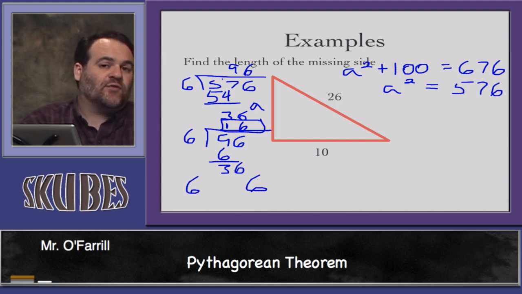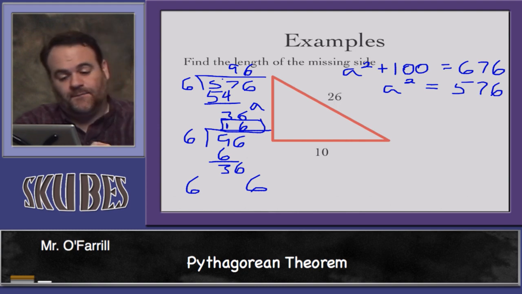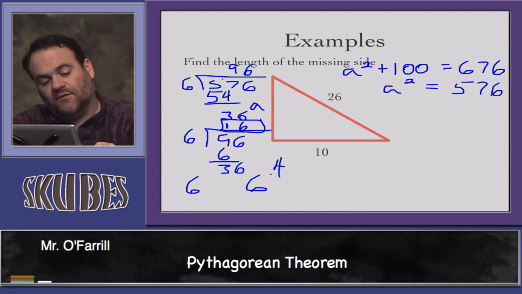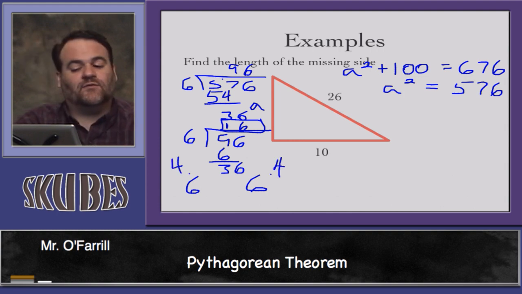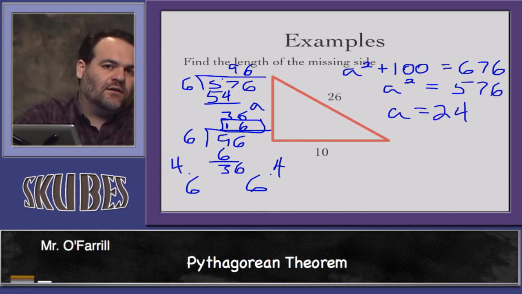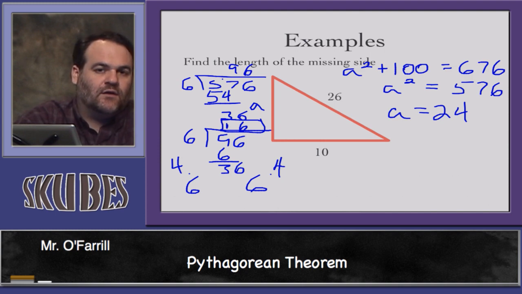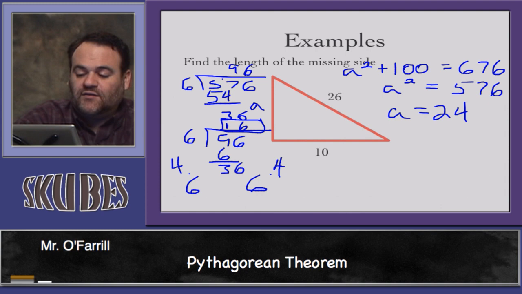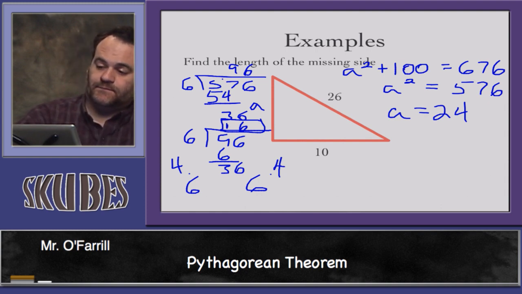We recognize that as a perfect square of 4, right? So 4 times 6, or 24, looks like it would be the square root of 576. And it turns out we're right. So the missing side is again 24.